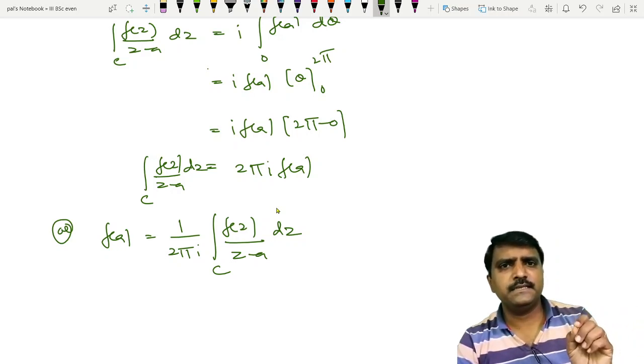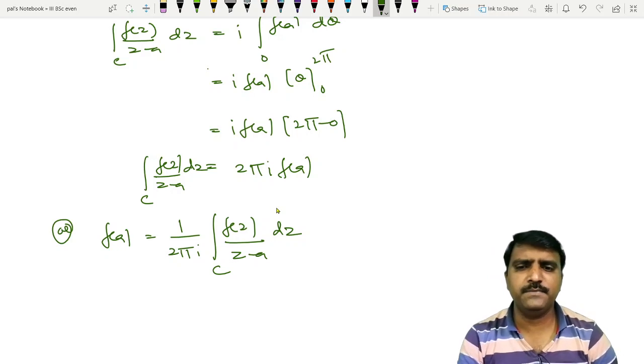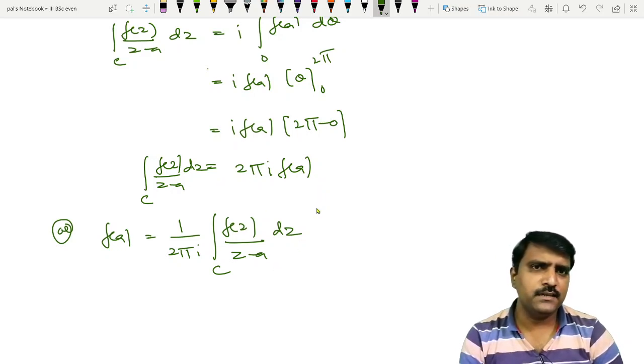If f(z) is analytic and f(z)/(z−a) is another function, where a is a point lying completely inside the closed contour C, then the integration of f(z)/(z−a) dz is equal to 2πi f(a). This is Cauchy's integral formula.